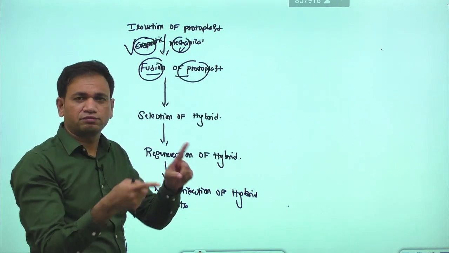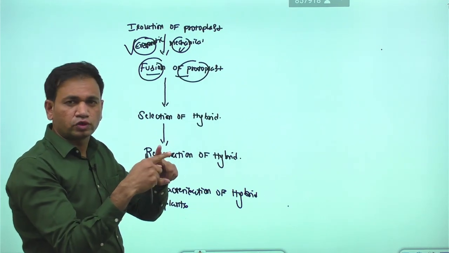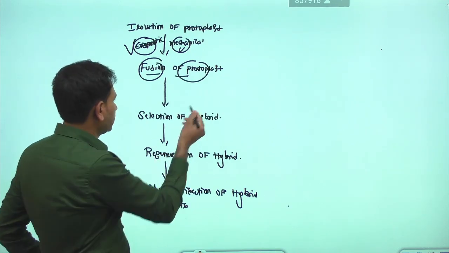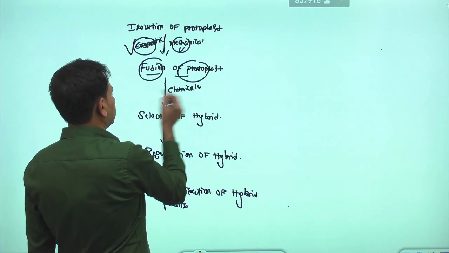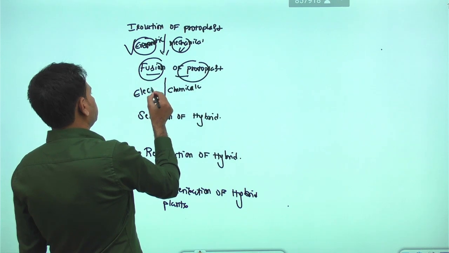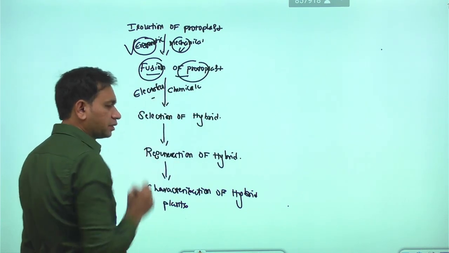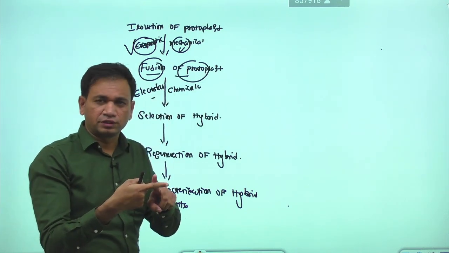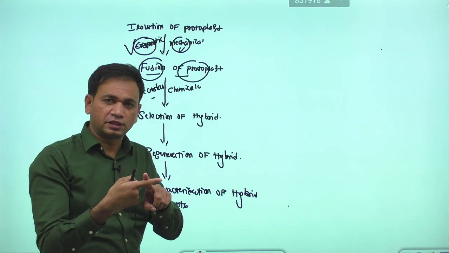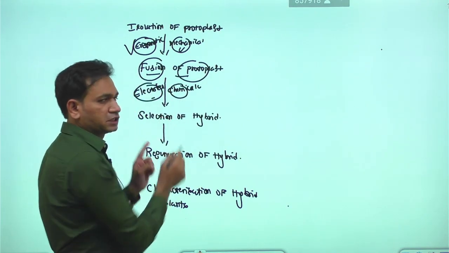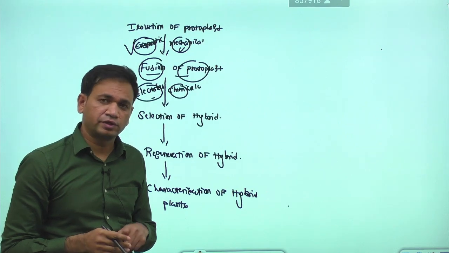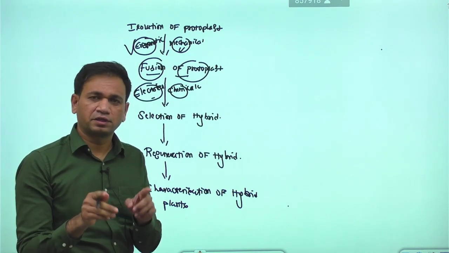In order to make the fusion or contact between two protoplasts from different plant species, we use different kinds of chemicals in the laboratory. Chemical method, another is the electrical method. Even with the electrical treatment, there is agglutination or contact of the two protoplast cultures in the Petri plate. Even with the chemical application, there is agglutination or contact between the two protoplasts in the Petri plate.